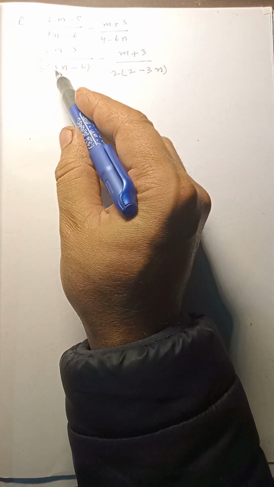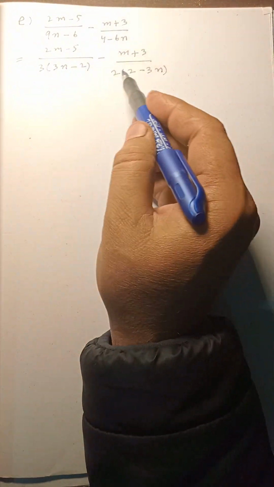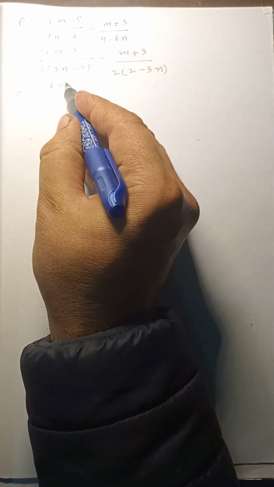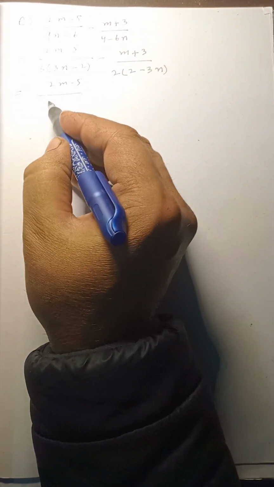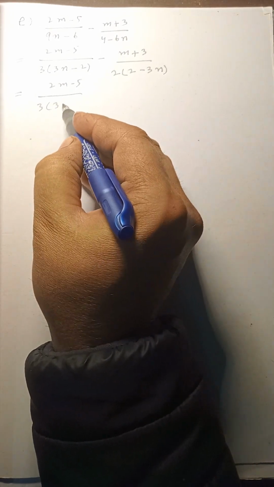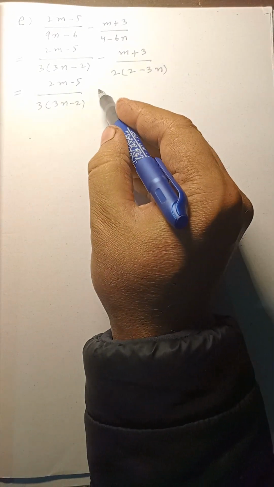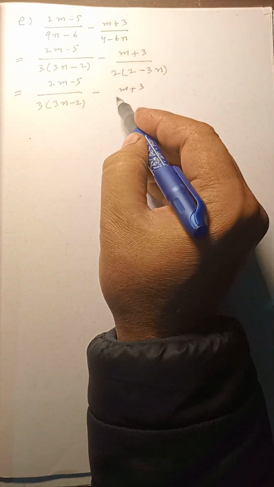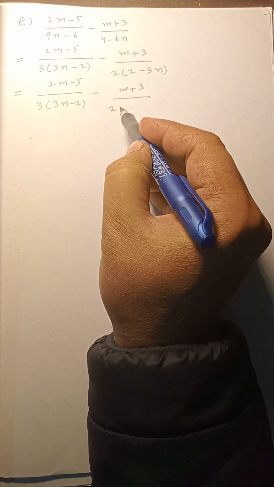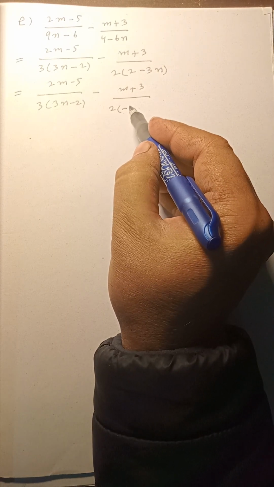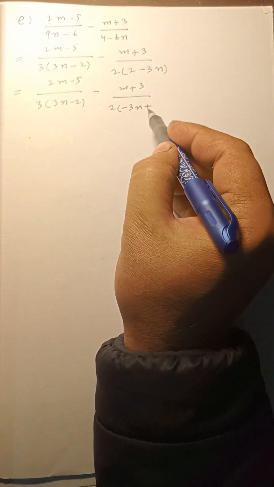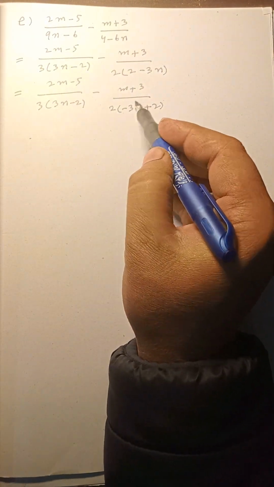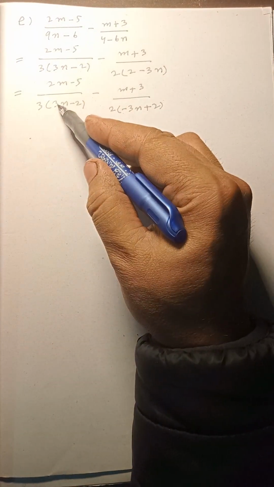Now you see here 3n minus 2, the arrangement is different. Arrange this term, so it is (3n-2), and (m+3) over 2 into (-3n+2) here. This plus 2 is written here, minus 3n is written before to make this arrangement.